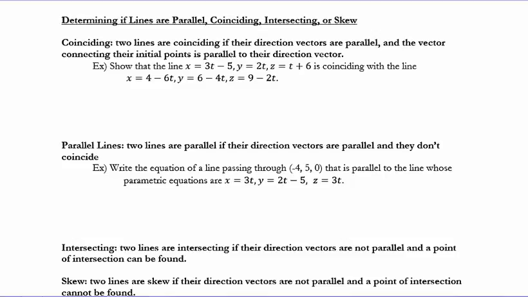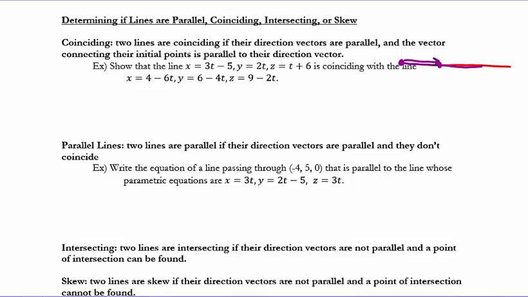Well, coinciding. Two lines are coinciding if their direction vectors are parallel, and the vector connecting their initial points is parallel to that direction vector. Let me quickly show you a demonstration here. This is one line. This is another line that's coinciding with it. You can agree that just by looking at these, the direction vectors are the same. Now, let's take their initial points and connect those.